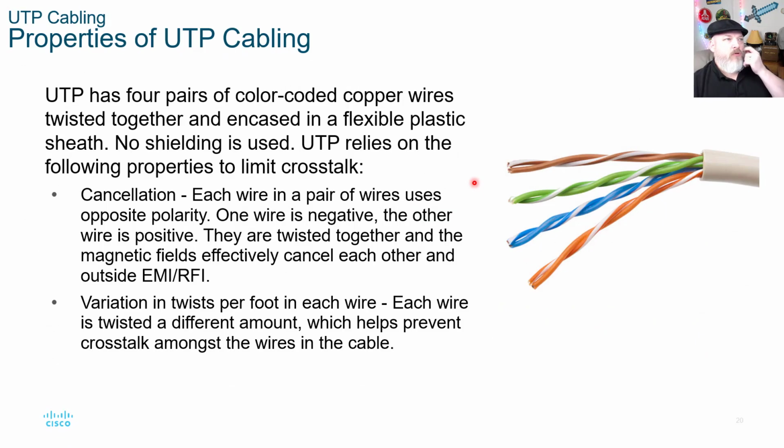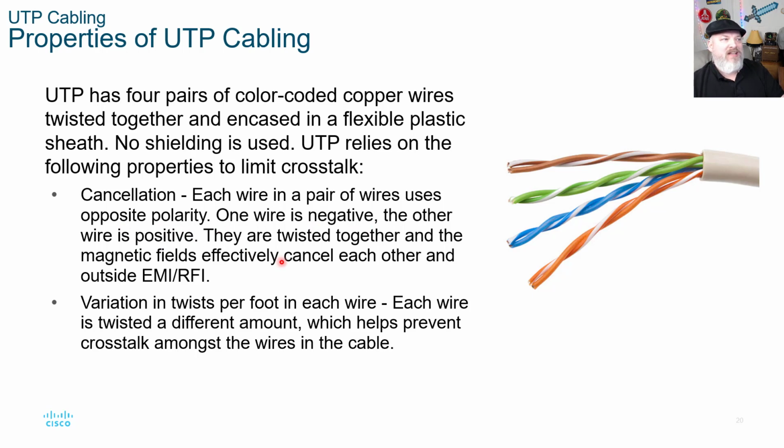The properties of UTP cabling. UTP has four pairs of color-coded copper wires twisted together. There's no shielding, and UTP relies on the following properties to limit crosstalk. Cancellation: each wire in a pair uses opposite polarity, so one wire is negative, the other wire is positive.